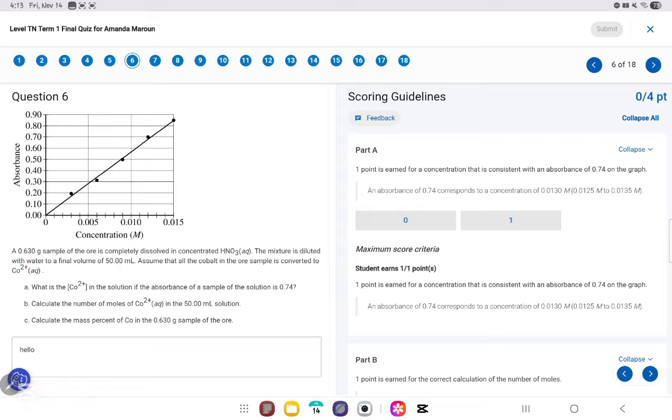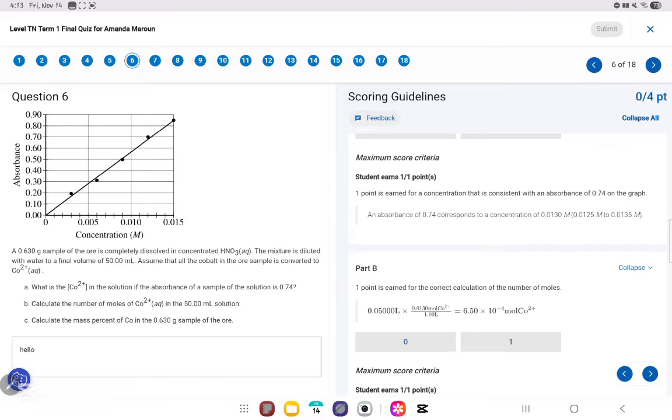Calculate the number of moles of Co2+ in the 50 milliliter solution. Again, what's the equation? Number of moles is equal to concentration times volume, right? So did they do that? Yes, they did that. They changed the milliliters into liters by dividing by 1,000, so 50 over 1,000, multiplied by the concentration.